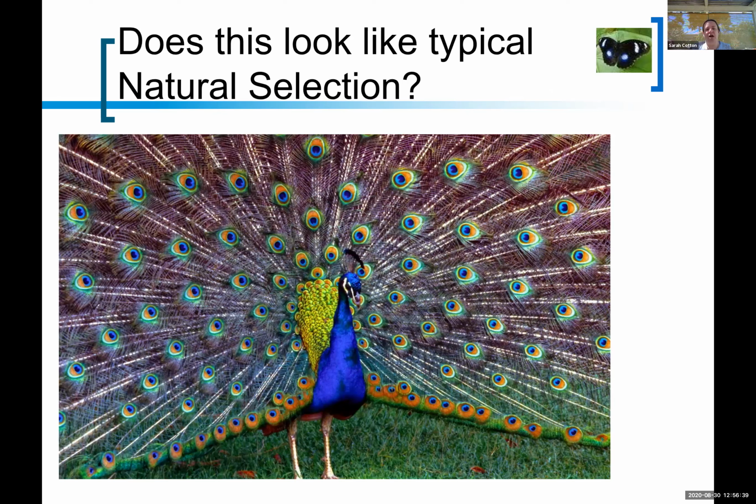Okay, so let's talk about peacocks because they are the quintessential example of sexual selection. All right, so let's look at this bird. He is beautiful and radiant and splendid. Look at him with his super shiny blue feathers on his chest. They reflect light. He sparkles from a distance, right?